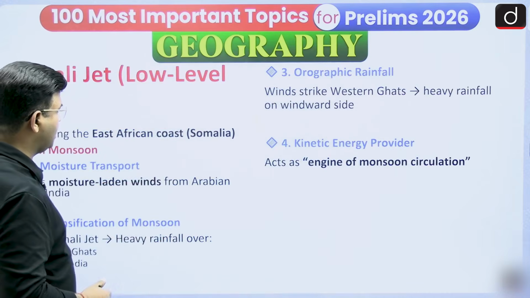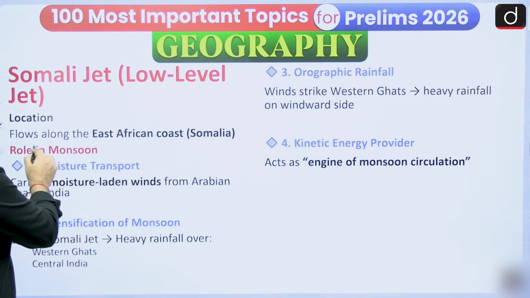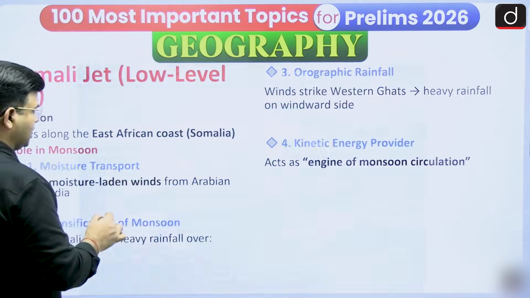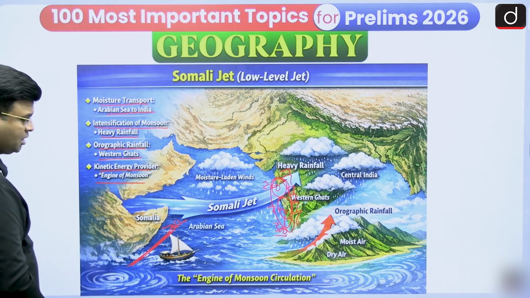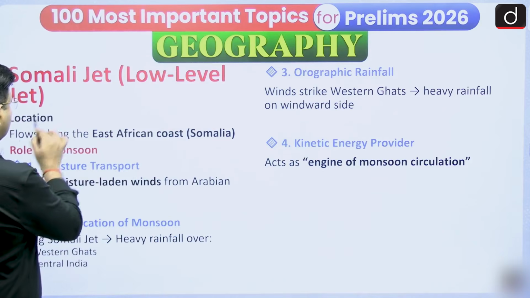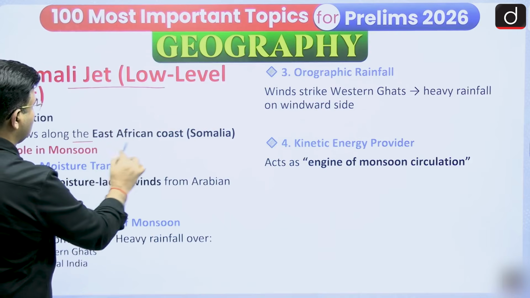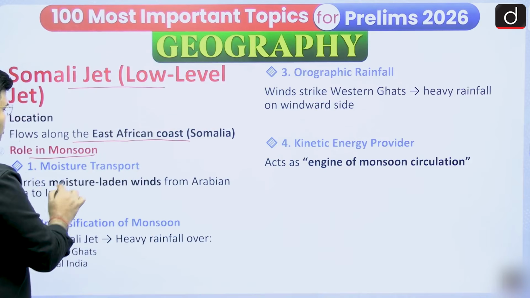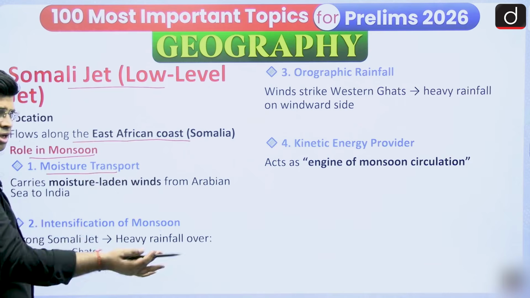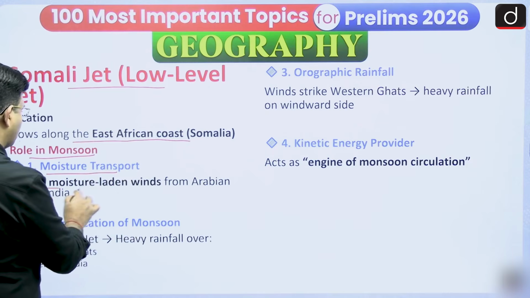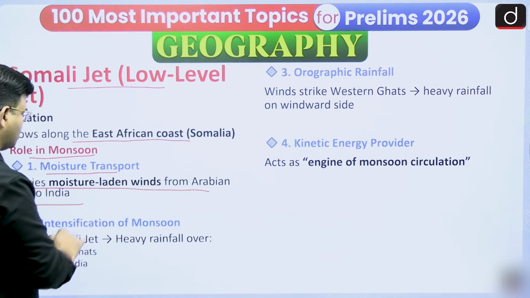Is it okay? And here the same thing, it flows along the East African coast, Somalia. Somalia is in the eastern part of Africa, yes or not? This Somali Jet, or low level jet, flows along the East African coast and plays a role in the monsoon. It transports moisture from the Arabian Sea and carries moisture laden wind from the Arabian Sea towards India.